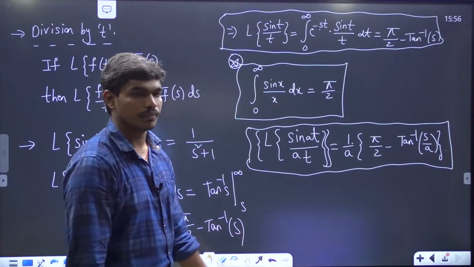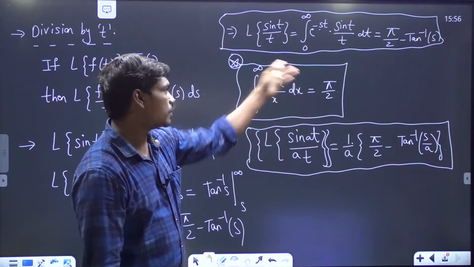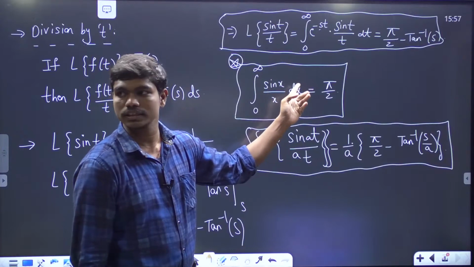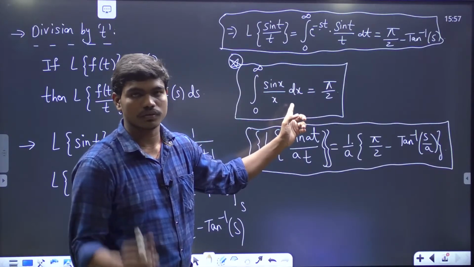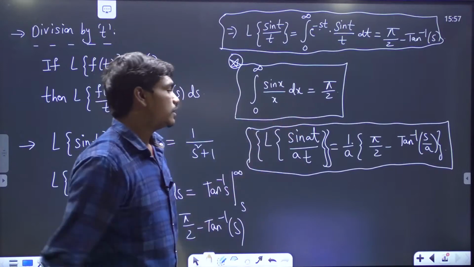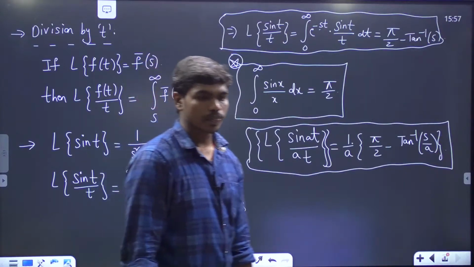They ask this many times. And this integral is important because sometimes people feel this is from calculus and start substituting and working it out, but things won't go fine. So the answer for this integral is pi by 2.